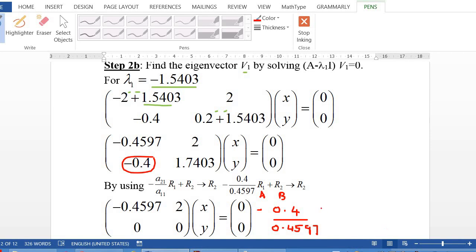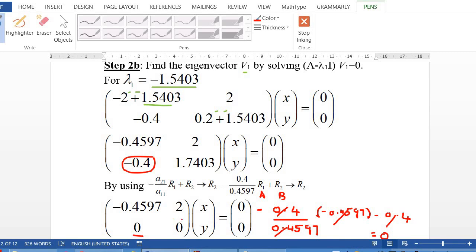Your row 1 value is negative 0.4597, plus row 2, which is negative 0.4. The result is put into row 2. So this value cancels: negative times negative is positive, so positive 0.4 minus 0.4. That's why your answer will be 0 here.